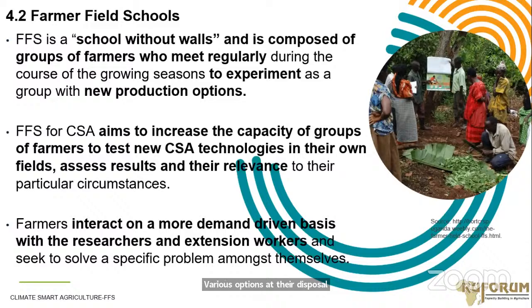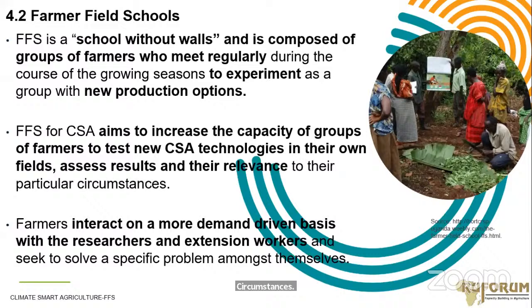And through such practices and feedbacks, the ultimate aim is to increase the capacity of farmers to test new climate-smart agriculture technologies in their own fields and assess results and their relevance to their particular circumstances.